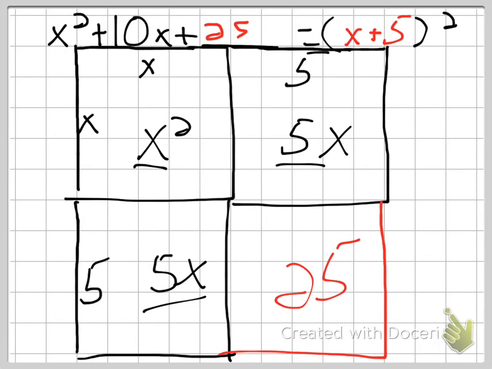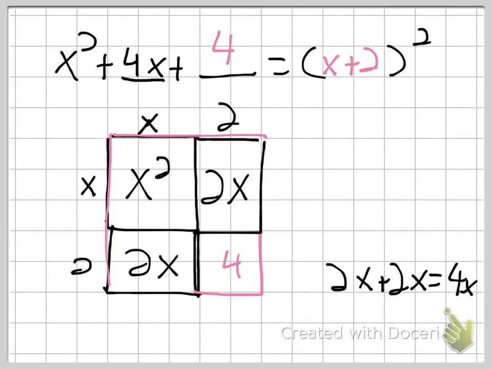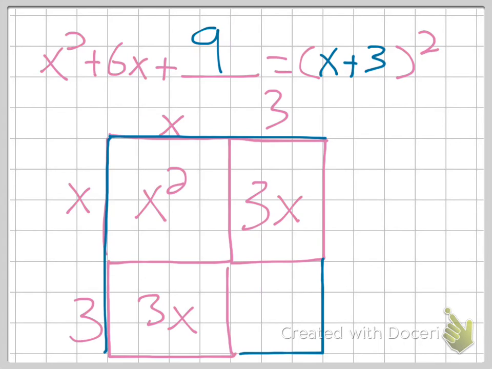Now let's look for a pattern. Let's go back at our previous examples and look at a consistent pattern. Notice how if I take half of the linear term, which is 2, this value, c, is always the square of this, and this number always matches this. It's consistent throughout.